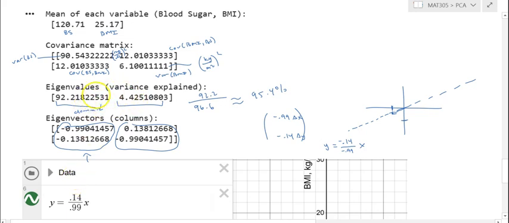You also want to look at similarly sized eigenvalues. If this eigenvalue were like 80, then it would also be of great importance, and in that case they would each take almost 50% of the variance. But explaining 95.4% of the variance in this direction is pretty solid.